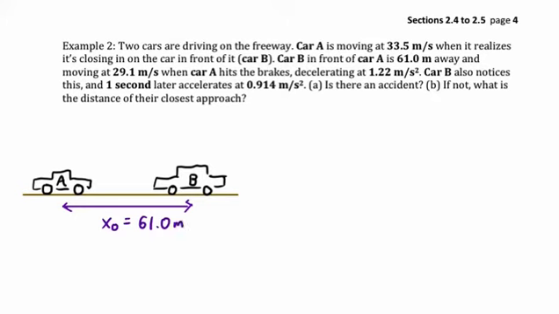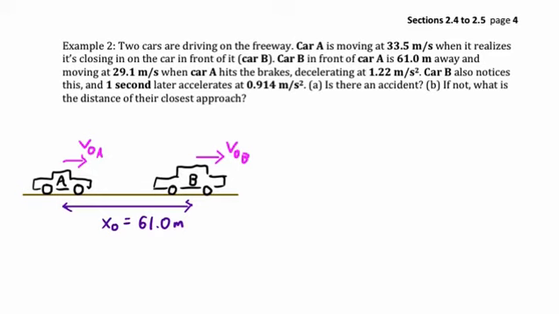Let's add our initial velocities. We're going to have v naught A and v naught B. Here is v naught A, and this is v naught B. Certainly they're not the same, and v naught A is larger. That's why, if there weren't the appropriate accelerations, they certainly would crash.